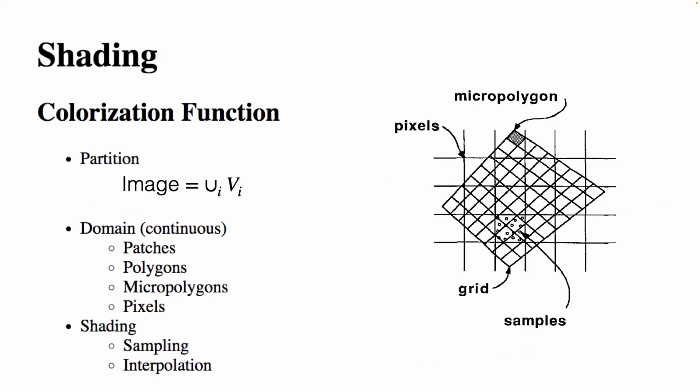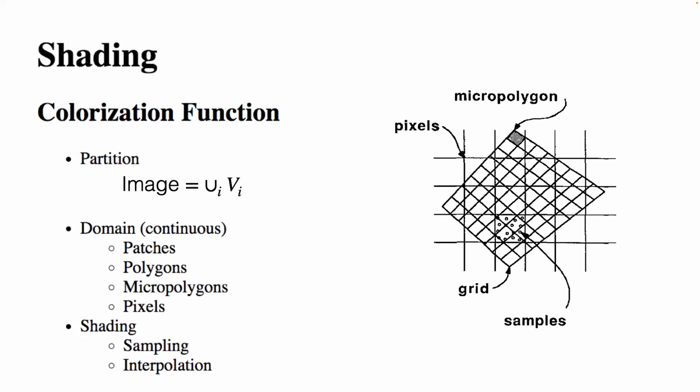And then there's shading, because we need to actually take the geometry in the scene and transfer that to the image. And then we have this concept of a polarization function. The idea is that you take an image and you partition the image into regions that are related to points in the 3D scene. This polarization function gives this partition, and it depends on how you represent your scene.